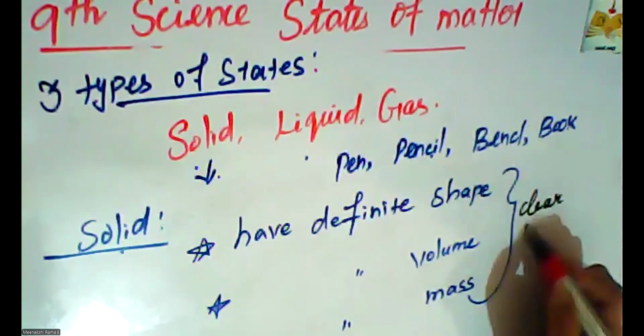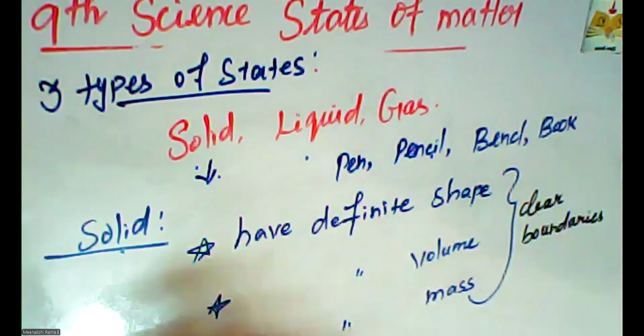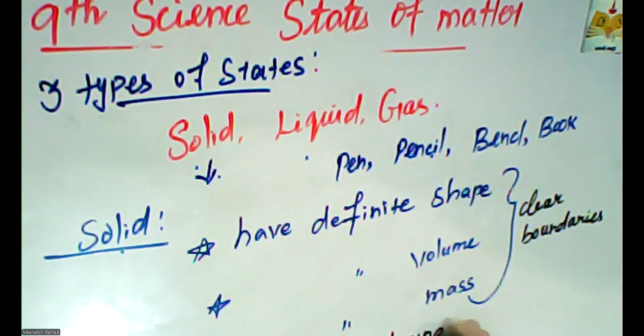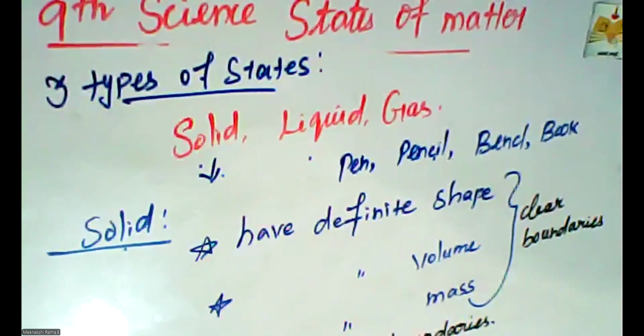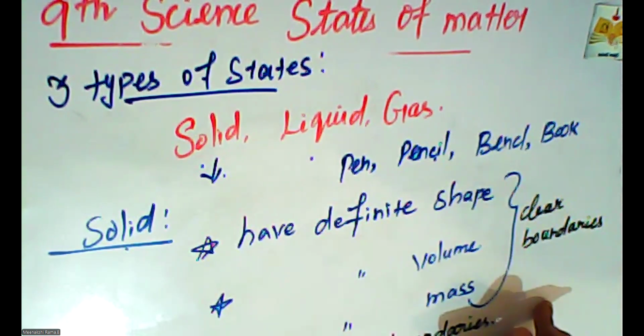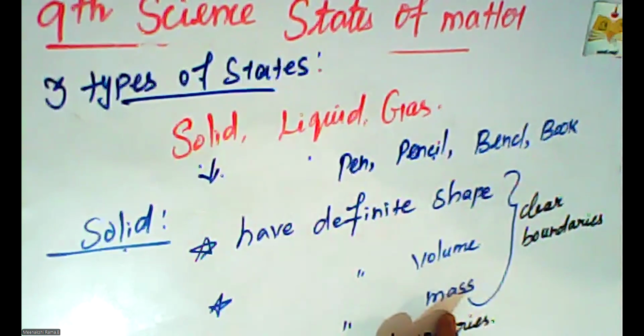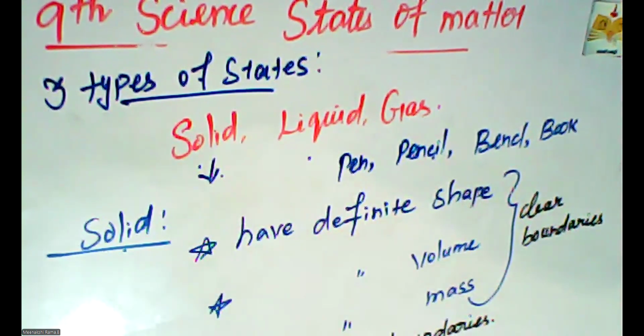Book has a proper boundary, and pencil, pen, boxes, each and every solid state material has clear boundaries, definite shape, definite volume and definite mass. This is the concept of the solid state.